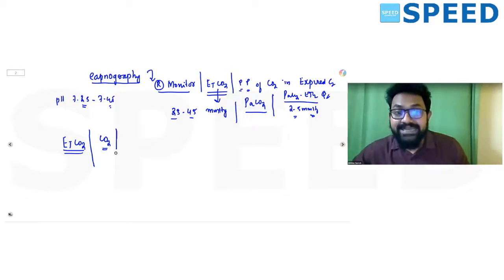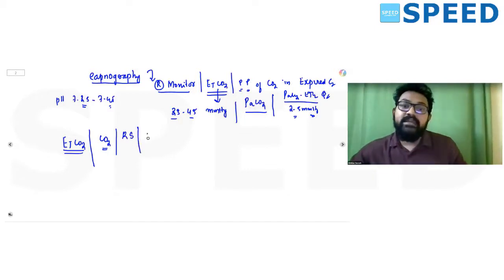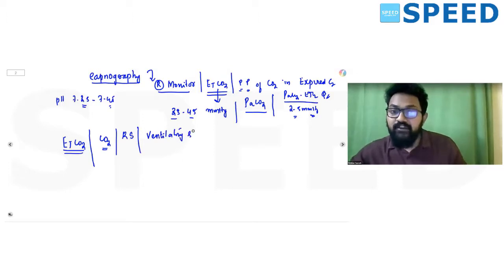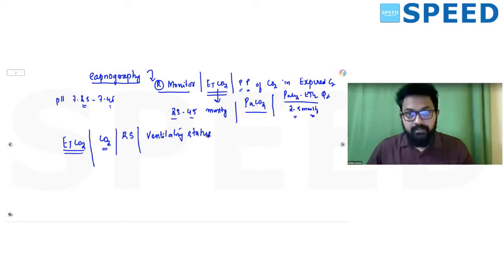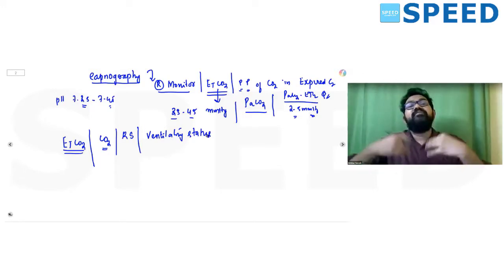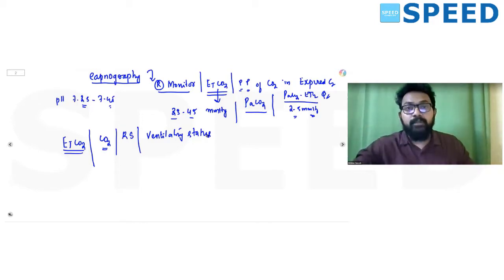So carbon dioxide assessment gives you an idea about the respiratory system, or to be more precise, about the ventilatory status of the patient. When you have put the patient on a mechanical ventilator, you will know whether you are rightly ventilating the patient or not. Imagine the patient is not ventilating properly, meaning carbon dioxide is not being eliminated properly.